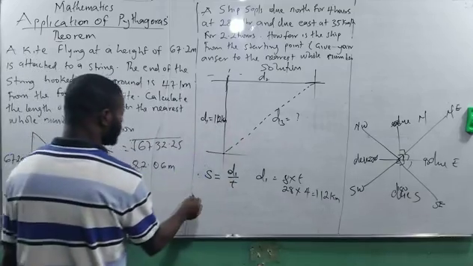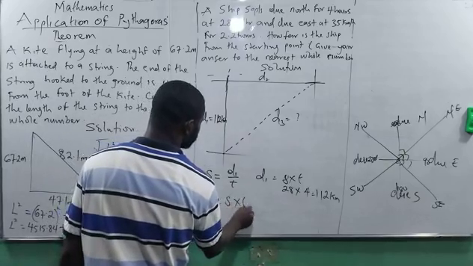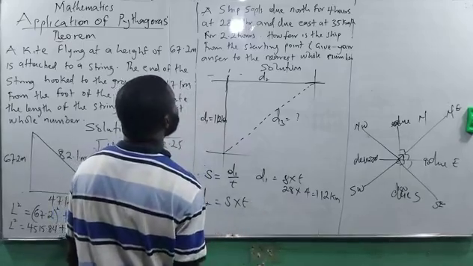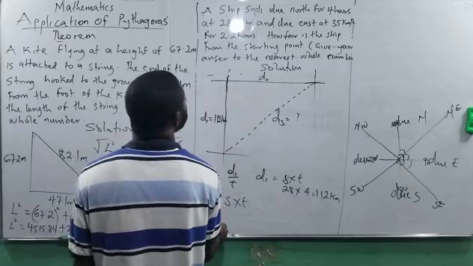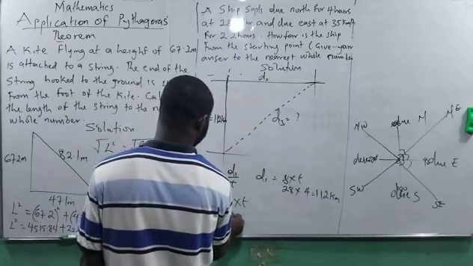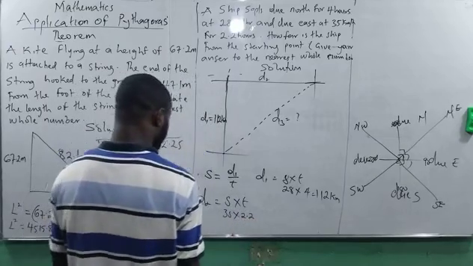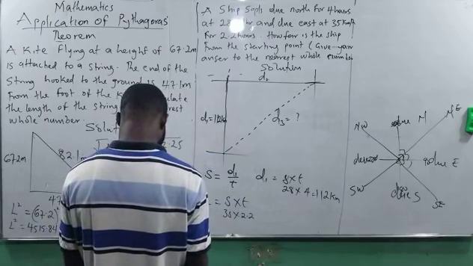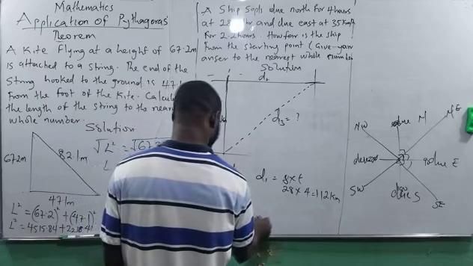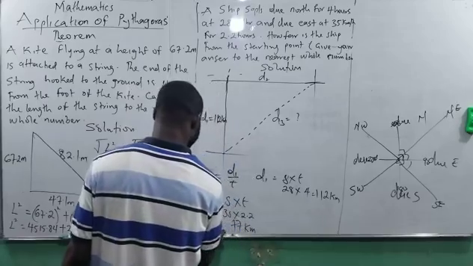Now, distance 2 equals speed multiplied by time. I have 35 multiplied by 2.2, which will be 77 kilometers. Now, this is distance 2.